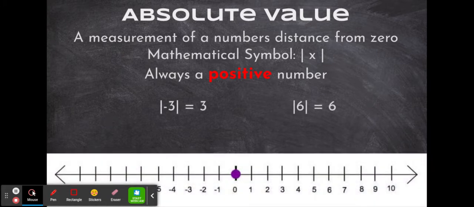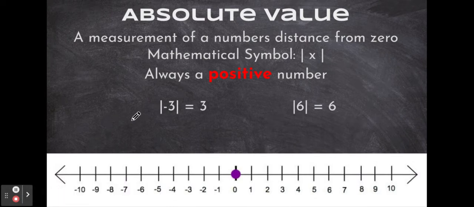Let me show you what I'm talking about. Let's say that we are dealing with the absolute value of -3. Remember, that's what these two vertical lines mean, absolute value, and we're finding the absolute value of -3. Well, the absolute value of -3 is simply how far away from zero -3 is.